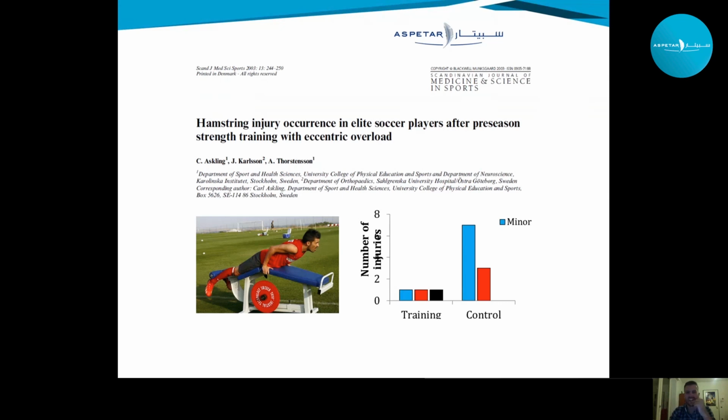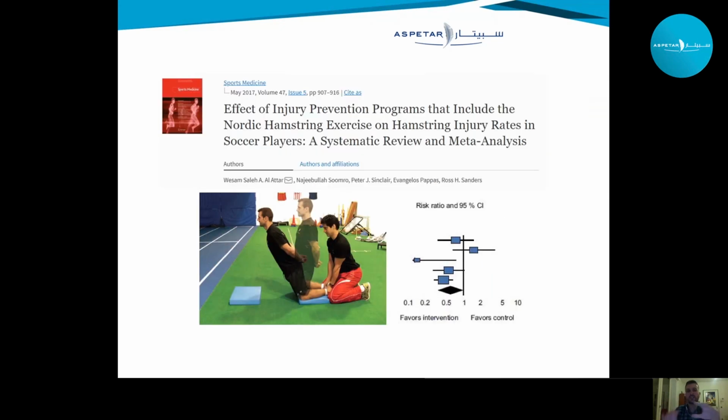So basically what happened is that the Nordic hamstring exercise was revised, and now we know that when the Nordic hamstring exercise is included in training programs, it does give benefit to the player, because the injury rates seem to be reduced.